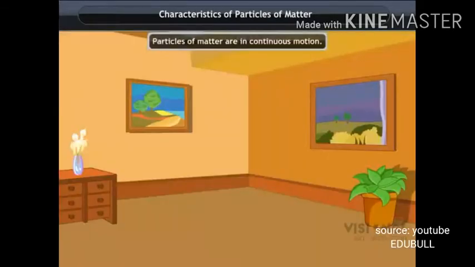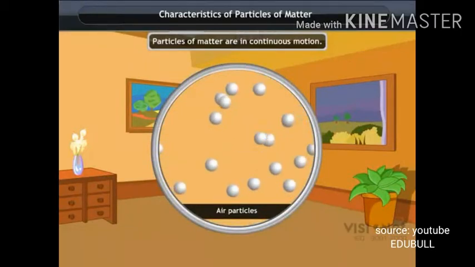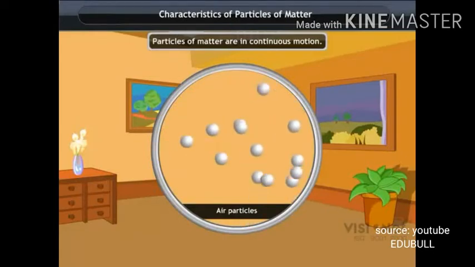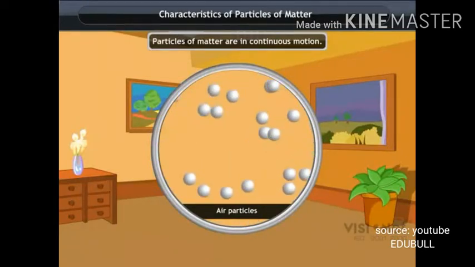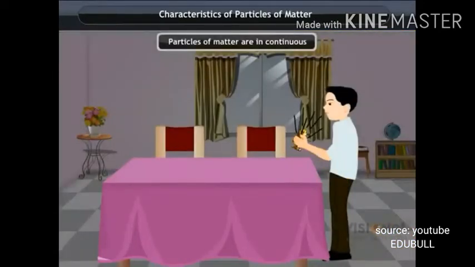We know that there is a lot of space present between the particles of matter. Particles of matter are never at rest and keep moving continuously in these free spaces. Although their movements are not visible to the naked eye, it can be proved through the following activity. Take some incense sticks and smell their fragrance. Now place them at a distance from yourself and try to smell them. You will be able to smell the fragrance of the unlit incense sticks when you are close to them.